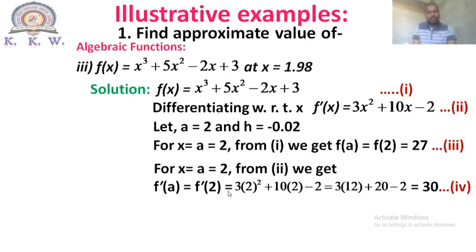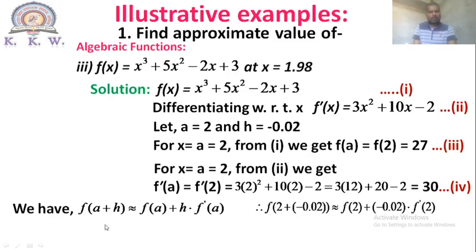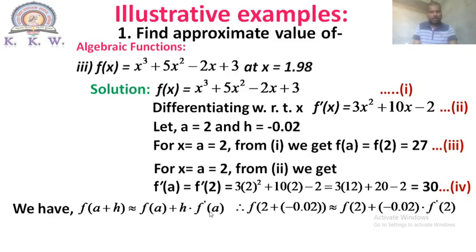By finding this value of f of a and f dash of a, we will put in the formula of approximation f of a plus h approximately equal to f of a plus h into f dash of a. Therefore, f of 2 minus 0.02 approximately equal to f of 2 minus 0.02 into f dash of 2. Value of f of 2 is 27. The value of f dash of 2 is 30.